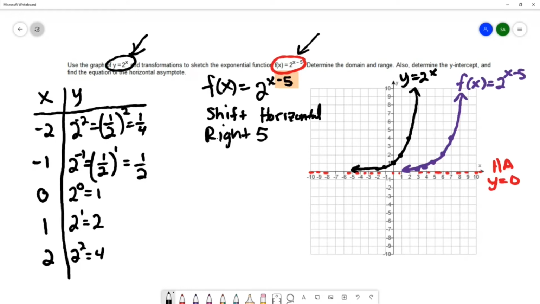So I'm going to extend my chart here, and I'm going to write down the ordered pairs that are on x, f of x. On the original graph, we have the ordered pair negative 2, 1/4.